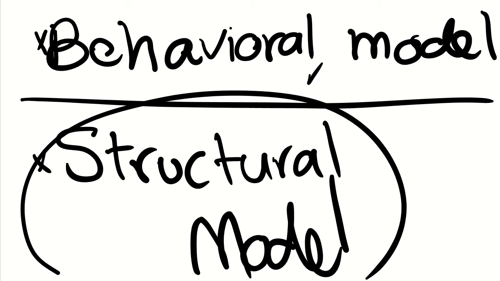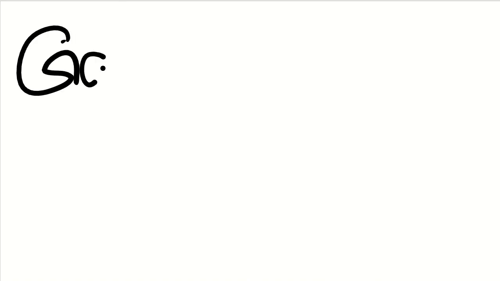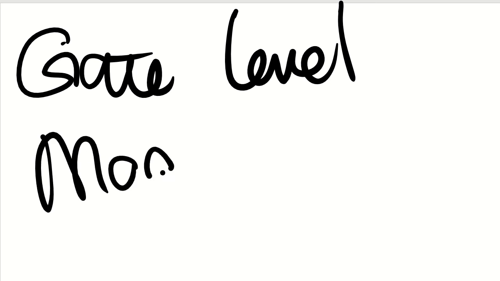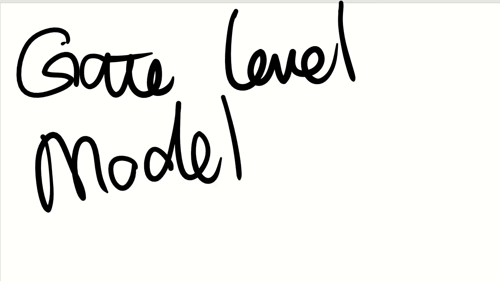Whereas if you want to go to the core gates, if you want to use AND, OR, exclusive OR, exclusive NOR, NOT gates, then that's the gate level model. I'll show you examples of all of them when we move to the software, but you should know at least that it's not just one way to write a code. It's up to you to decide what abstraction level you want to go after.